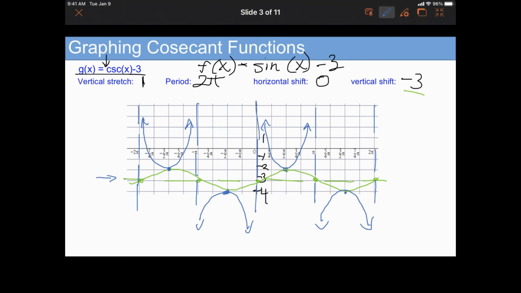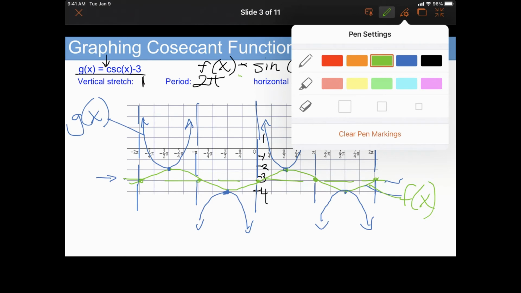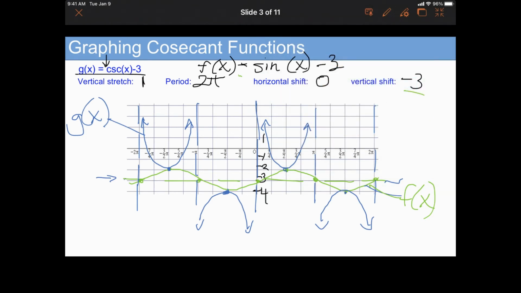So I have 2 cycles, and this is going to be g of x. This over here is f of x. So again, draw the sine. It's the easiest way to get the most accurate graph, right? That is what we're looking for, accuracy.